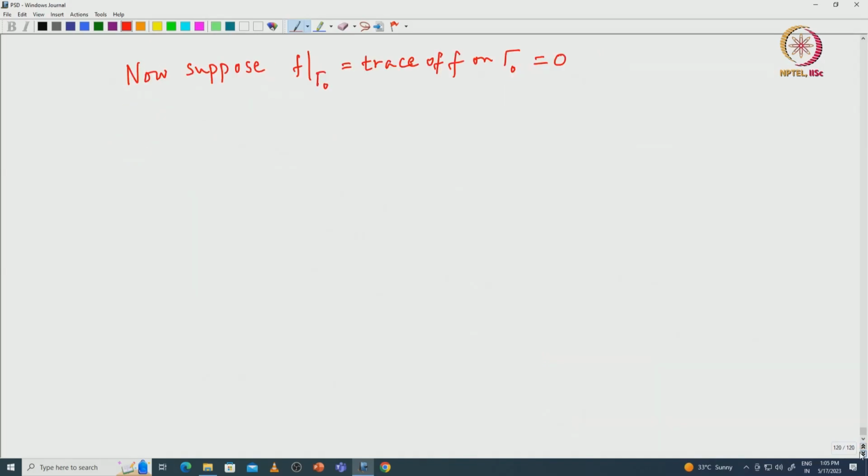this: the L2 norm of f on gamma delta, squared, is at most C squared delta times the norm of f in H1 Q delta, squared.